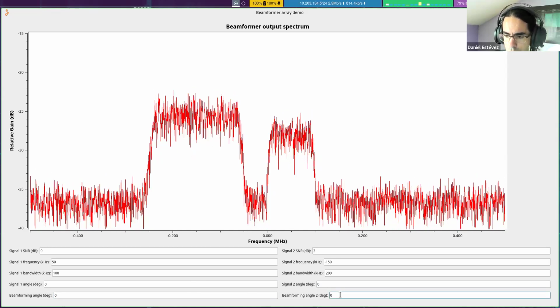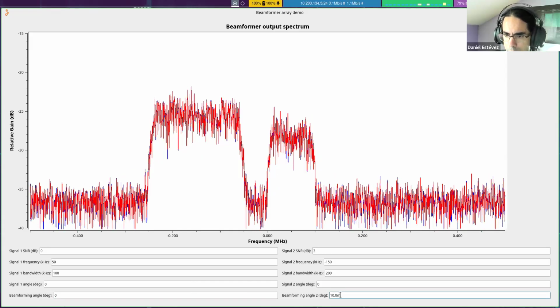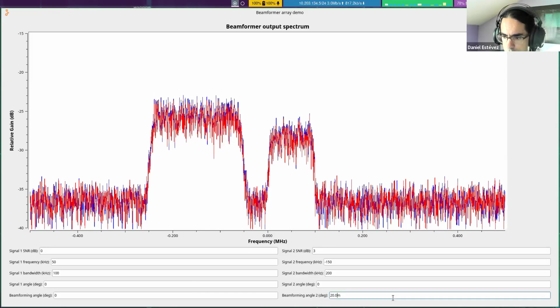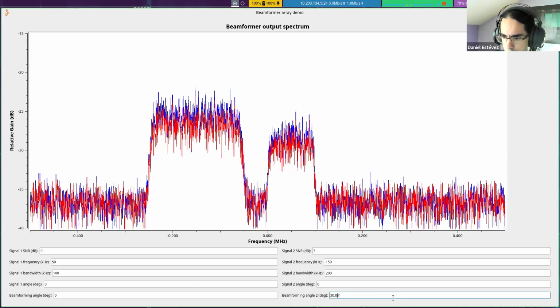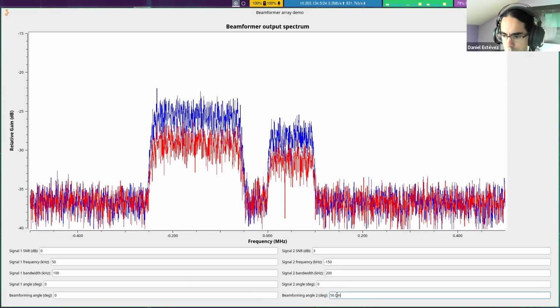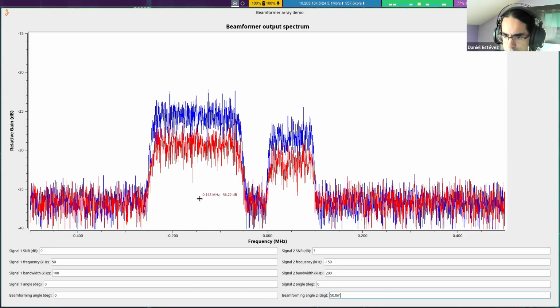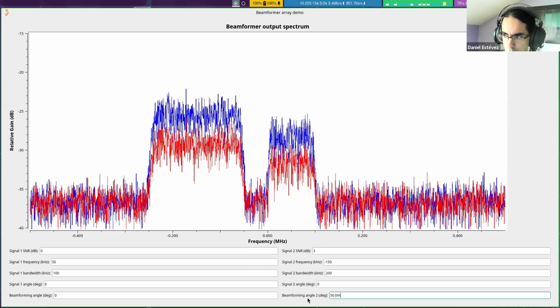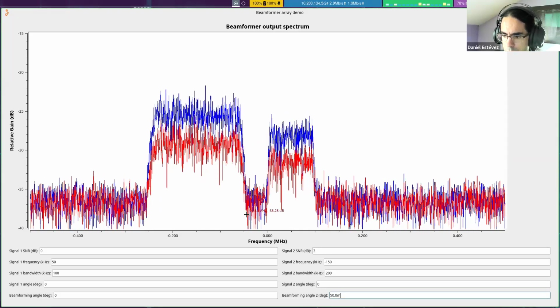The first thing I want to show is that by making this number increase, maybe I'm going too slowly, maybe 0.05 degrees. So for example, 0.05 degrees, I already get some signal reduction on the second beamformer, which is the red line.